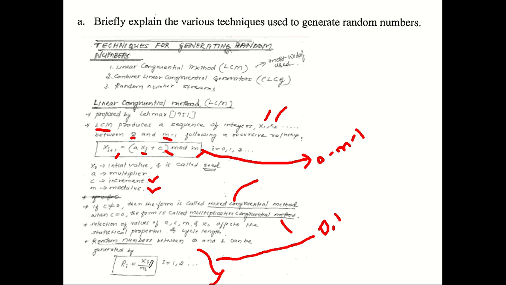The a value is 17, x naught value is 27, and the c value is 43, mod 100. So we get 502 mod 100. The first random number is x1 equal to 2.